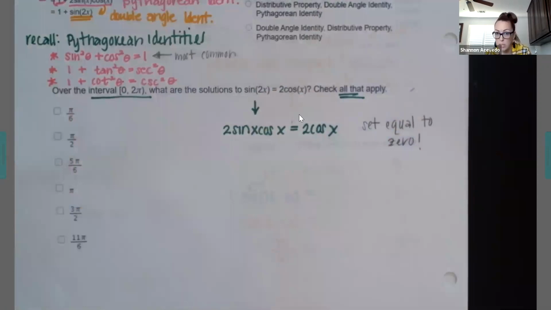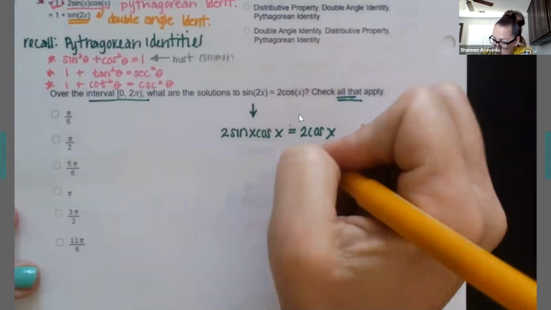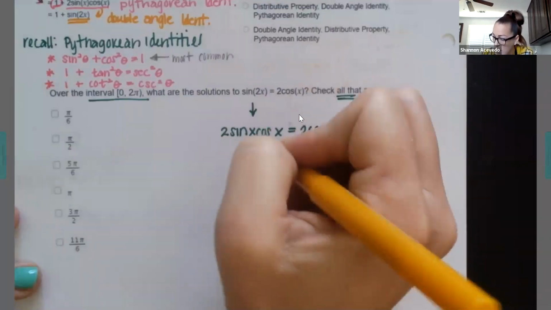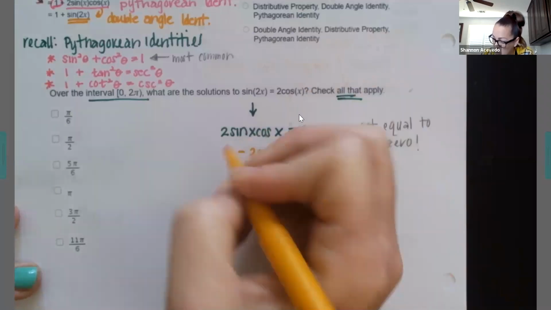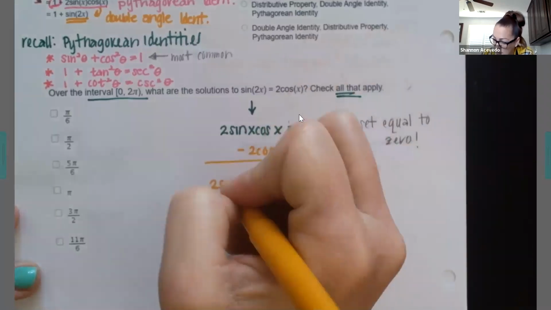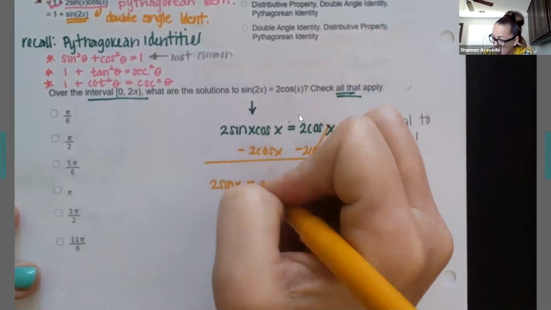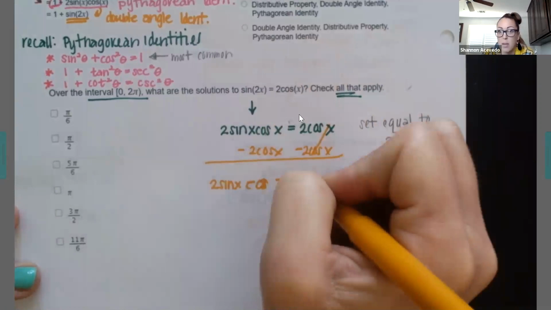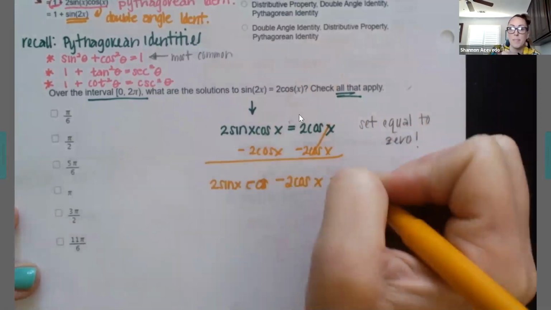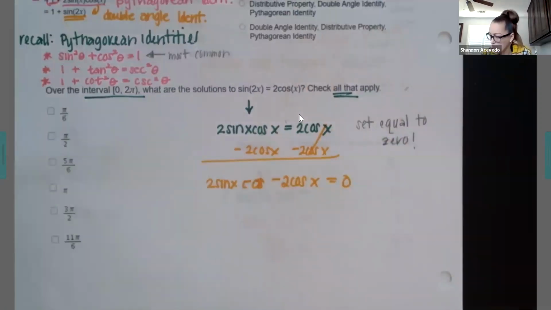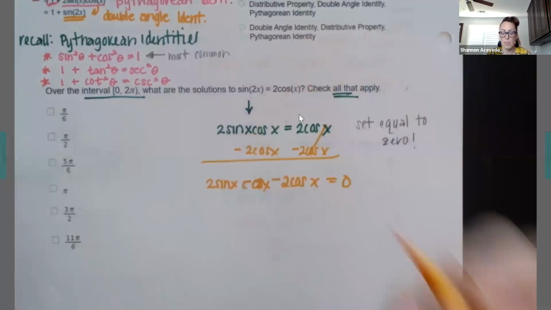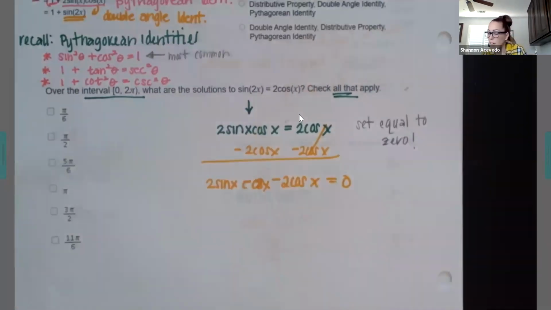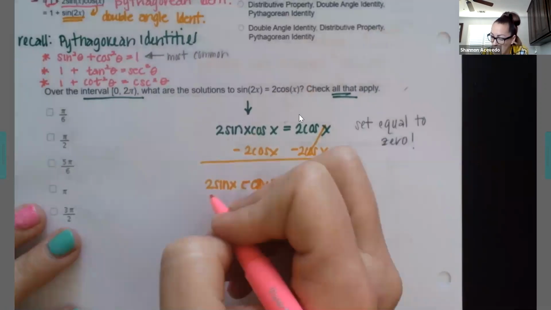So let's see what happens when I do this. I'm going to subtract 2 cosine of x from both sides. And when I do that, I get 2 sine of x cosine of x minus 2 cosine of x is equal to 0. And if I notice, each of these are their own terms, right?